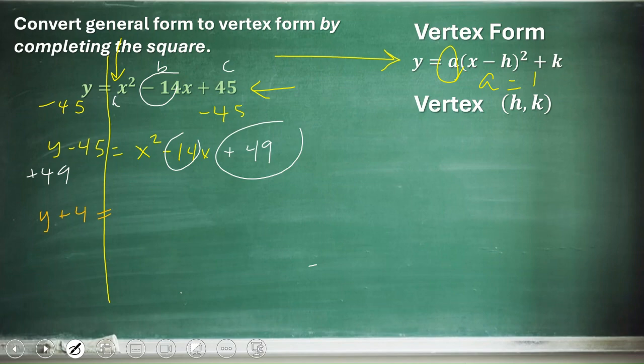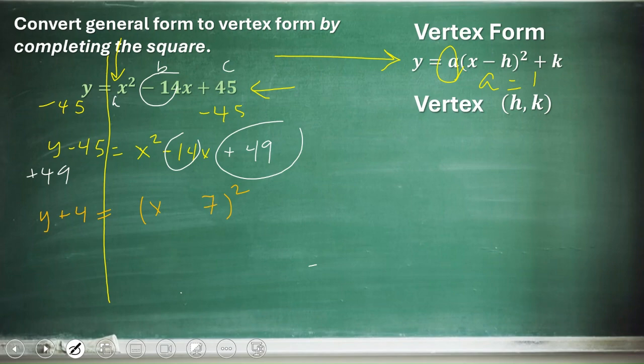All right, I'm going to get ready to put this in my binomial that's squared form. This is always x here. And now all I'm going to do is look at 49 and take the square root of 49, which is 7, and that number goes here.